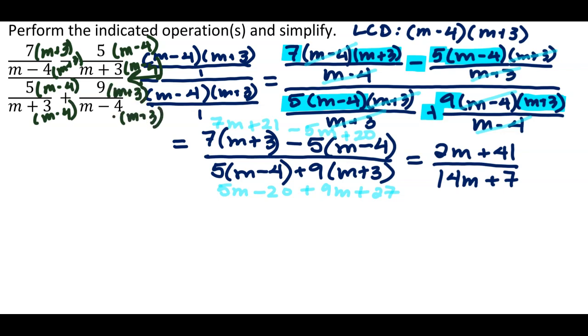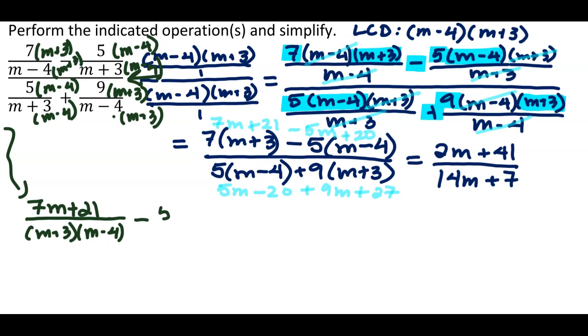Okay, so I end up with a 7m plus 21, that should look familiar, over m plus 3, m minus 4, minus a 5m minus 20 over m plus 3, m minus 4.